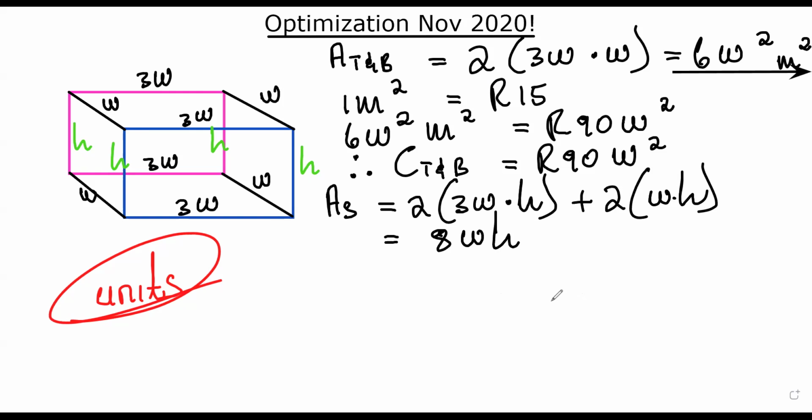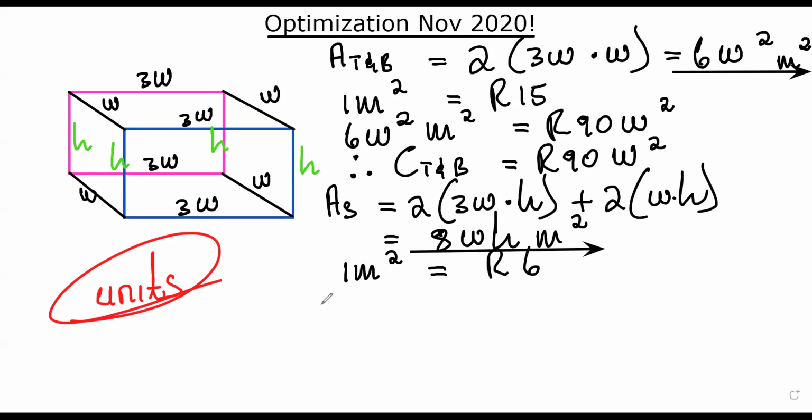Now that we know the area for the sides, then what are we going to say? Well, it's very easy. We remember that they said to us, 1 meter squared of the sides costs 6 rands. So now we want to know the area, I forgot the meter squared. Please forgive me. But please make sure you don't forget the meter squared because it's going to put meaning into what you're doing.